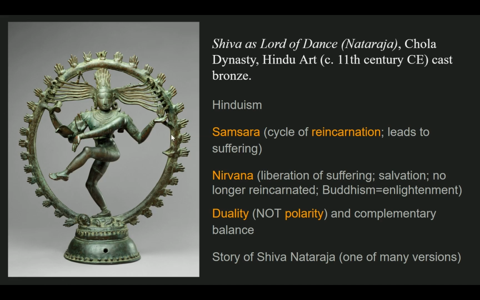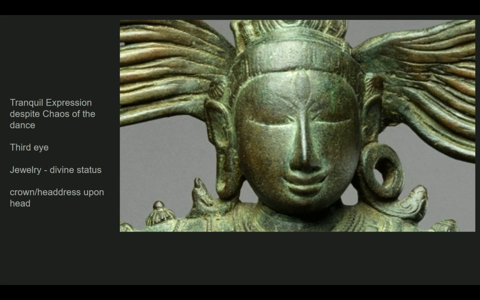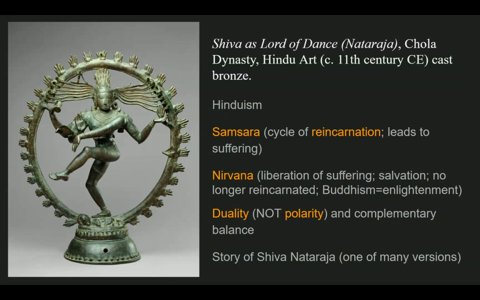So he just continues his dance. And he's moving, and he's grooving. And despite all of these attempts to stop him, he still keeps this tranquil expression, despite the chaos of his own dance and movement, as well as despite the external forces that are trying to stop him. And so he keeps dancing, and then finally, these priests join him. They realize how happy and at peace he seems.